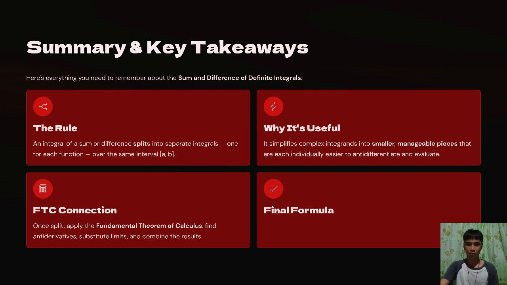If your original function has a subtraction sign, that negative must be distributed carefully to the entire second integral. Finally, verification. Always differentiate your antiderivative as a final check. If it doesn't return to your original integrand, a mistake was made in your integration steps.